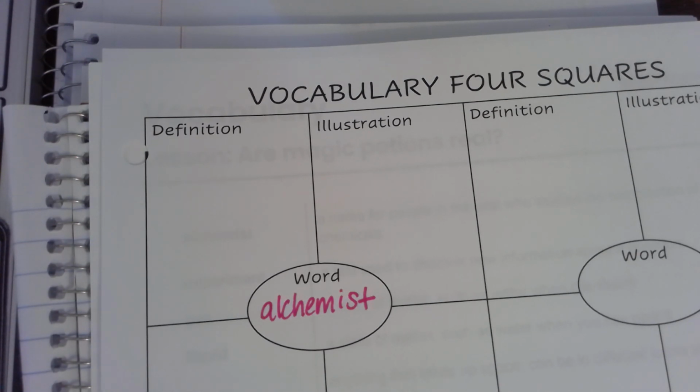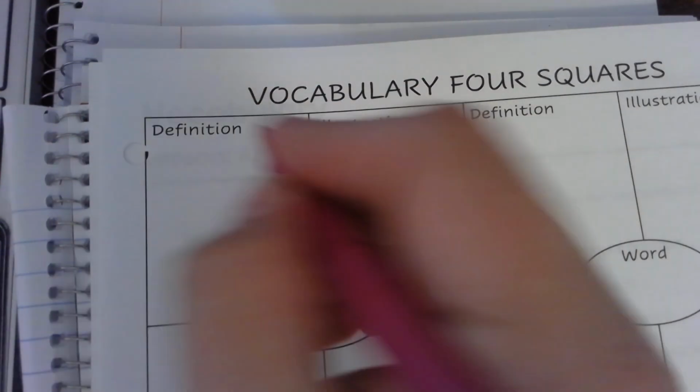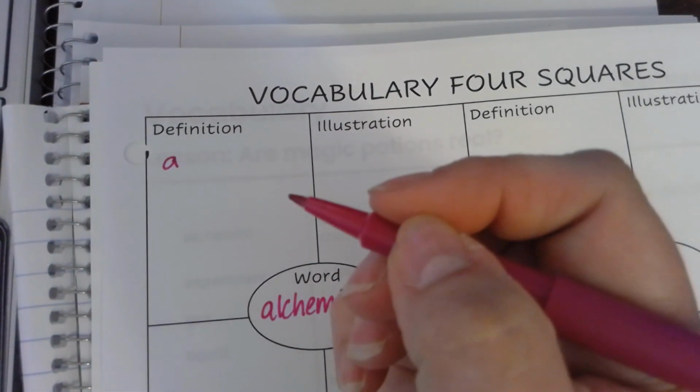You need to be able to read this definition, and you also need to copy it correctly. Every single thing on this page gets credit. So if you do not correctly copy onto this page, not cool.